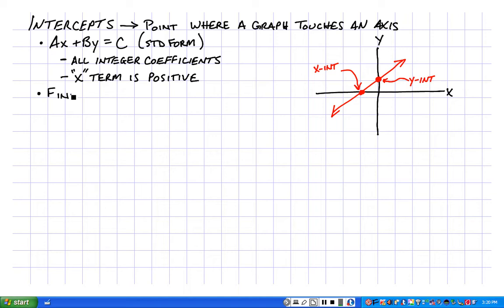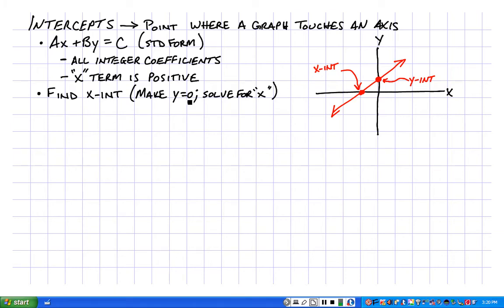So let's start by finding our x-intercept, abbreviated x-int. The way we do that is by making y equal to 0 and solving for x.